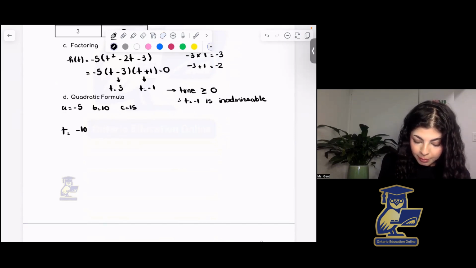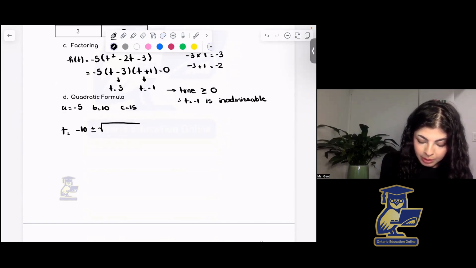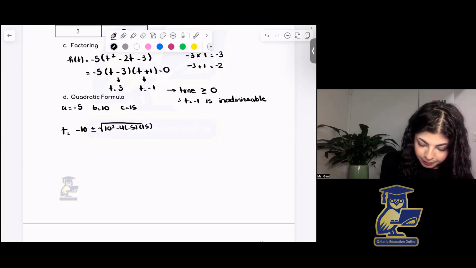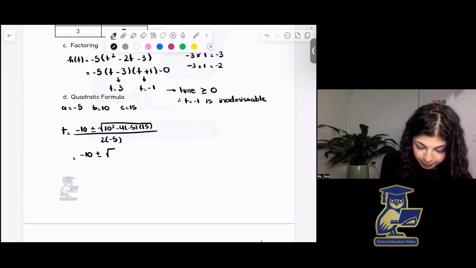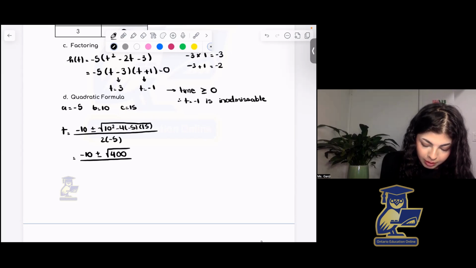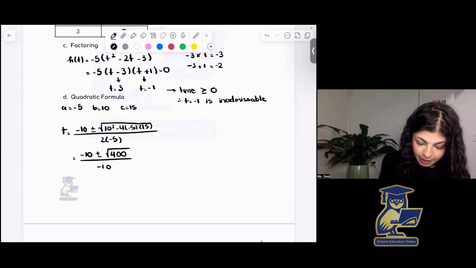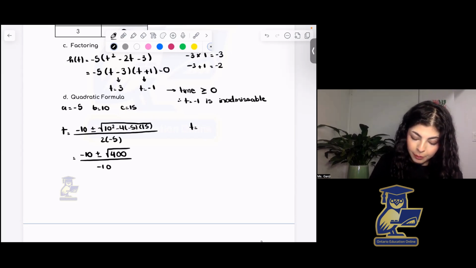So -b plus or minus the square root of b squared minus 4ac over 2a. And so from here we get -10 plus or minus the square root of 400 over -10. And now we can simplify this.